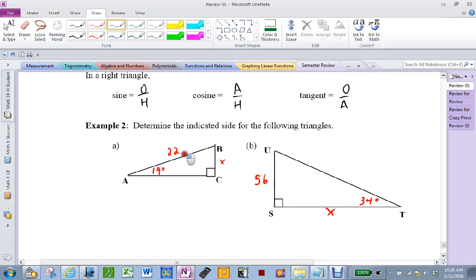Do I have an angle? Yes. Theta equals 19. Do I also automatically know this angle? Yes, but I'm not going to use it because this one's given to me. If this is given to me, this is where I start.